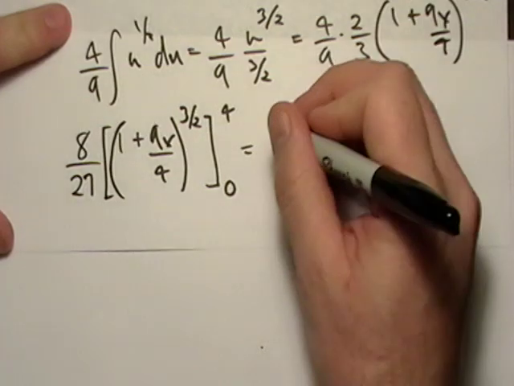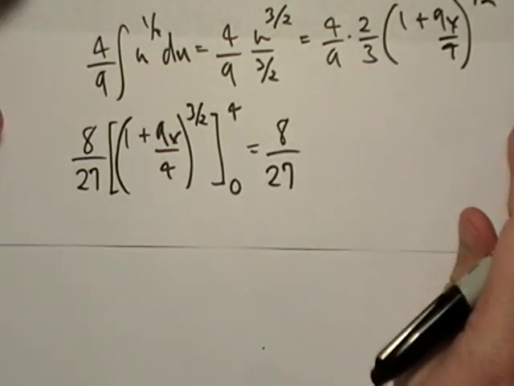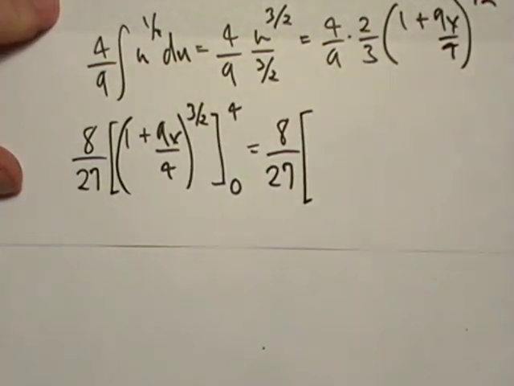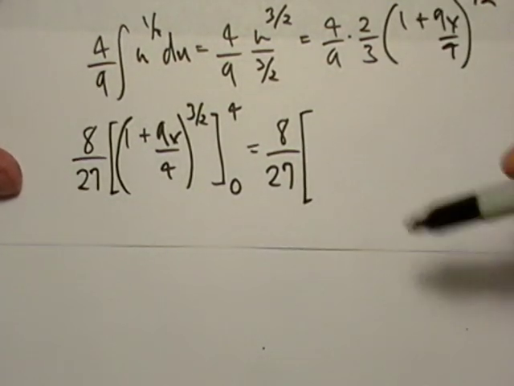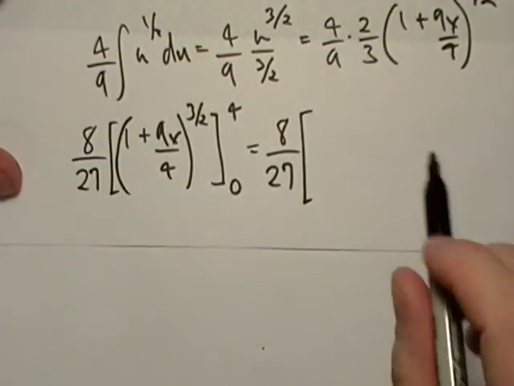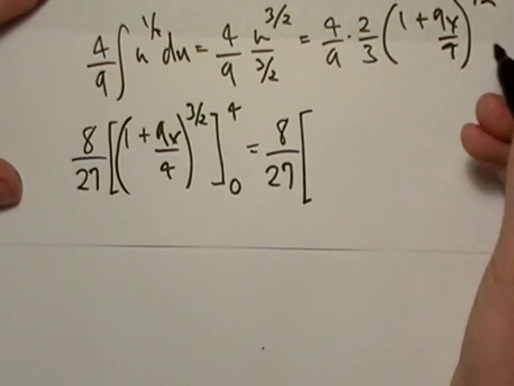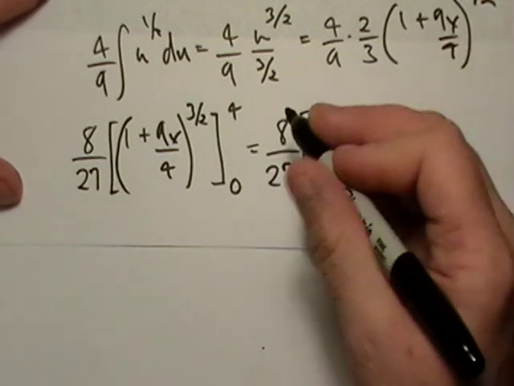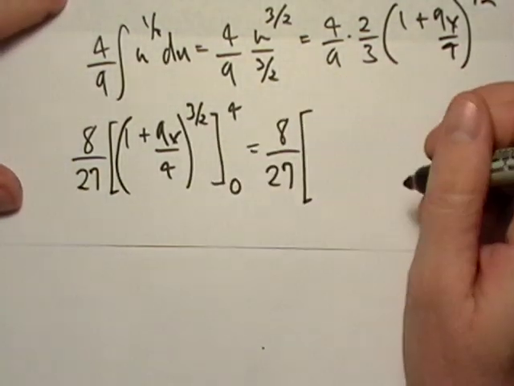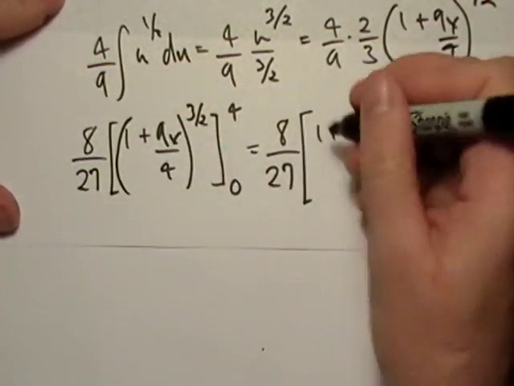Okay, so what's this? This is 8/27. I really hope you guys aren't lost right now. I'm just doing the fundamental theorem of calculus right now. So I hope you got the earlier part. If I plug the 4 in here, that's going to cancel out.